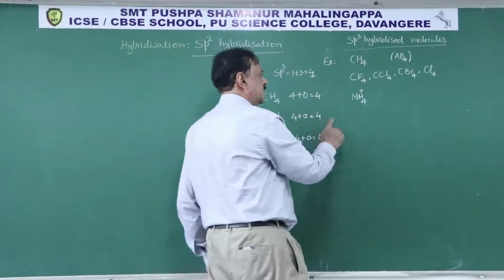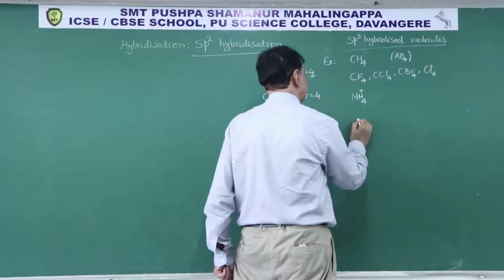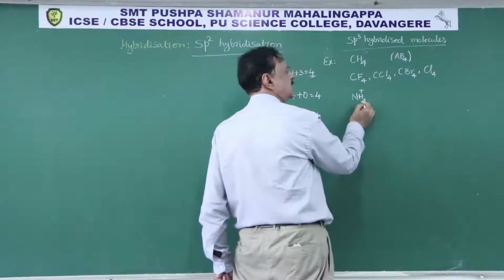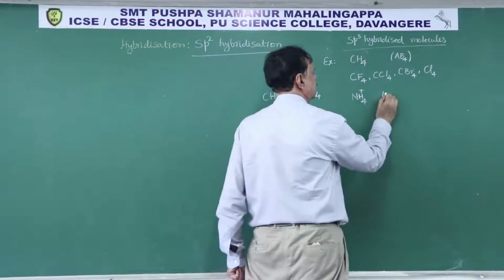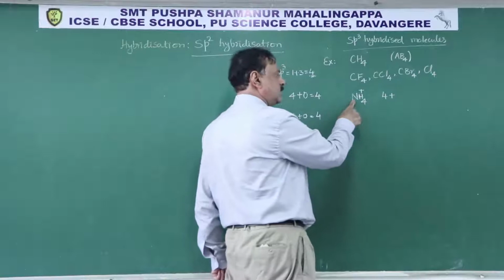In NH4+, how many atoms are bonded to the central atom? That is 4, plus the valency, which is 5.